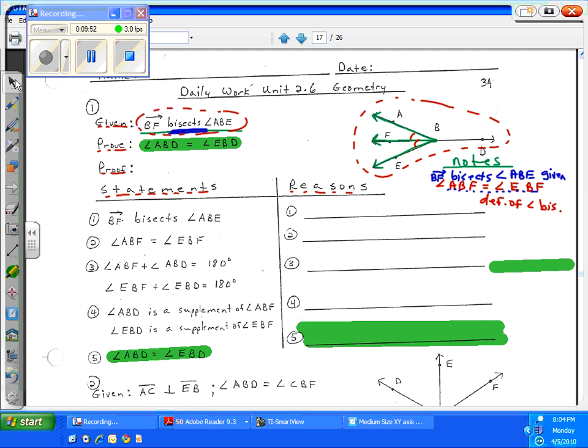We would take what we were given, mark it in the diagram, and write statements and reasons derived from the markings in the notes section. We would take what we were trying to prove, make it the last statement in our notes, and try to come up with a reason for that.